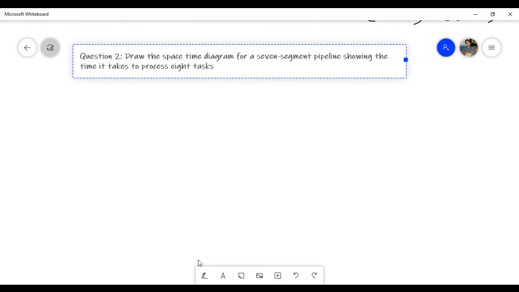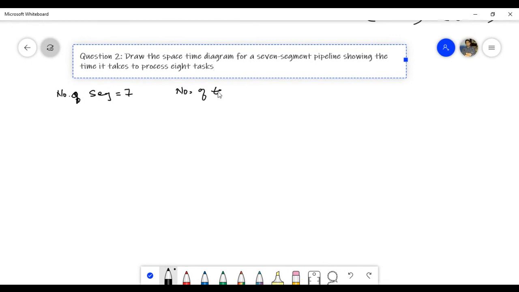So first of all, let me write here: number of segments is equal to 7 and number of tasks is equal to 8.